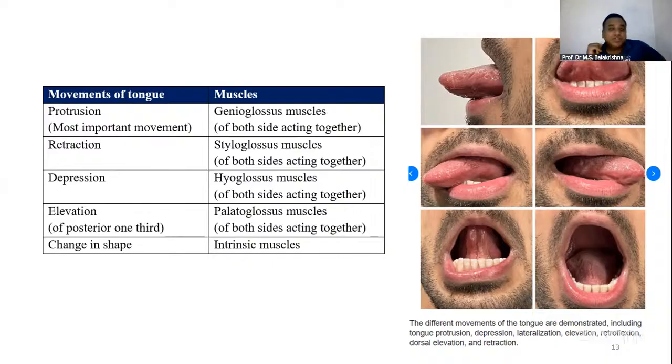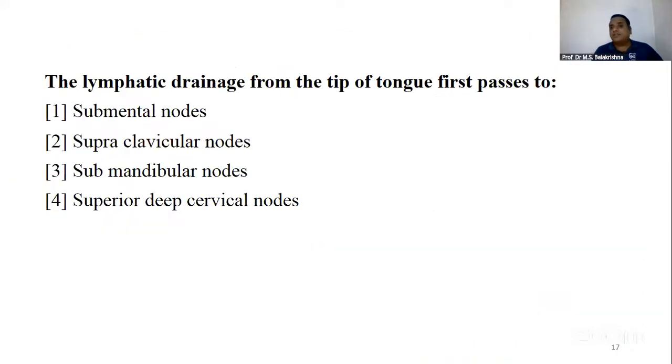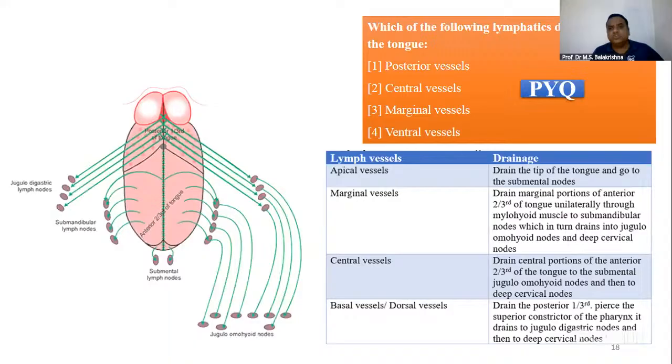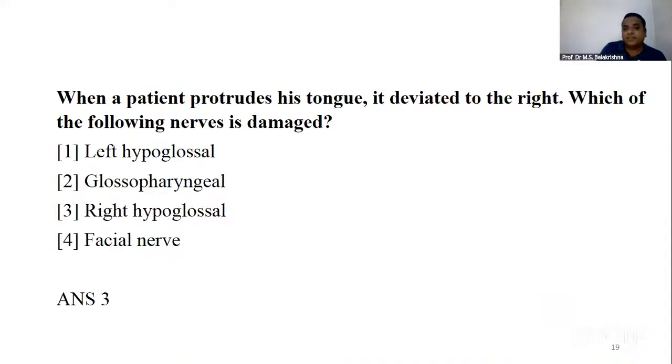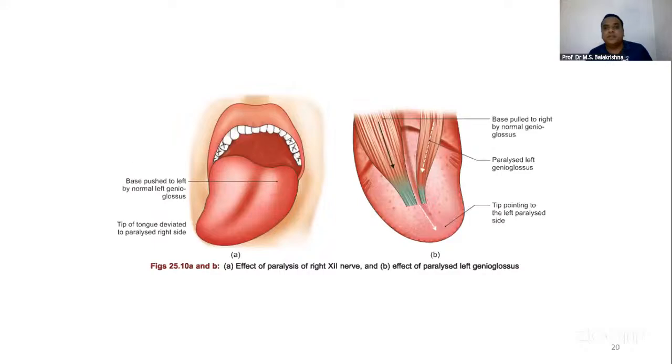With the genioglossus muscle, and the genioglossus muscle is supplied by the 12th cranial nerve, right? Except palatoglossus, everything else is supplied by the 12th cranial nerve. So this is what you should be knowing. Right hypoglossal nerve. In case of paralysis of the hypoglossal nerve, the tongue deviates to the paralyzed side. So that is the problem here. This is how it looks.